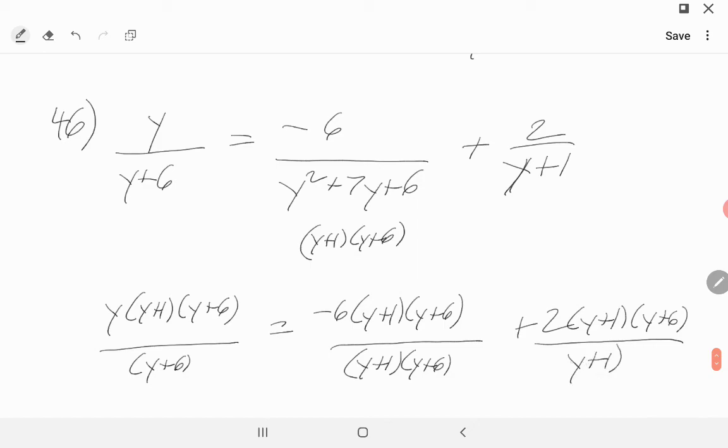You notice we could have probably skipped the second step, but we want to be careful that we're getting rid of the y plus 6 in the first term, the y plus 1 and y plus 6 in the second term, and the y plus 1 in the third term.